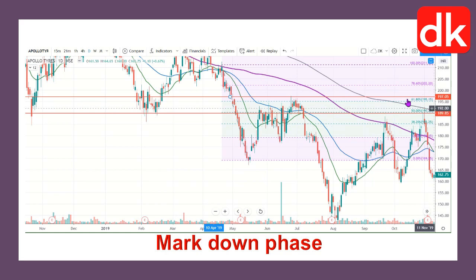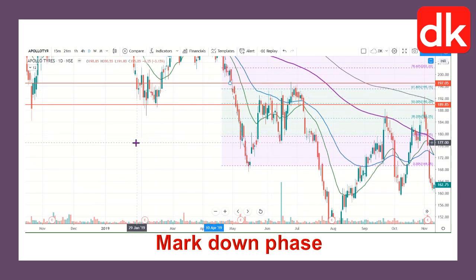So this has halted. First is the confluence of this resistance line which I have drawn and the supply band, and the price is taking resistance from the level of nearly confluencing EMA 55 and EMA 21, and we can see the formation of a bearish engulfing candle in this area.